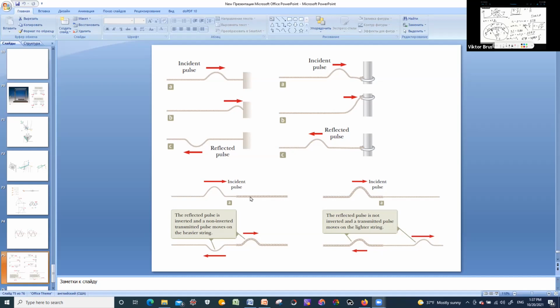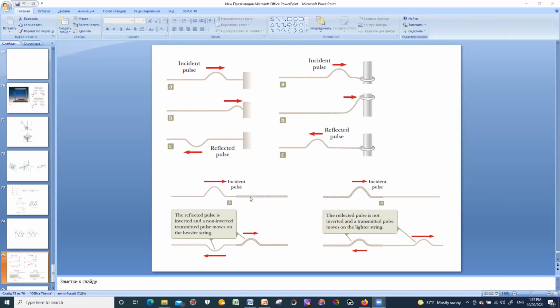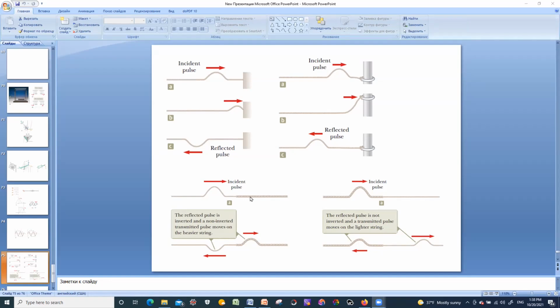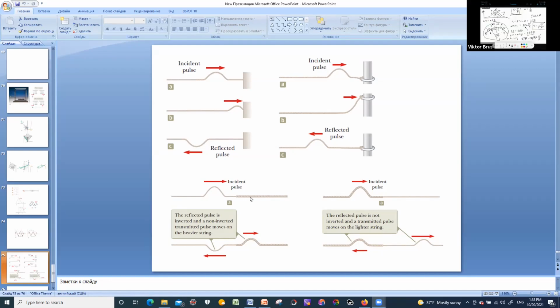Ideas? Excuse me, could you repeat, please? So the question is where the speed of wave propagation will be higher, in the thinner or in the thicker string, assuming that the strings are made from the same material. In the thinner string. Okay.